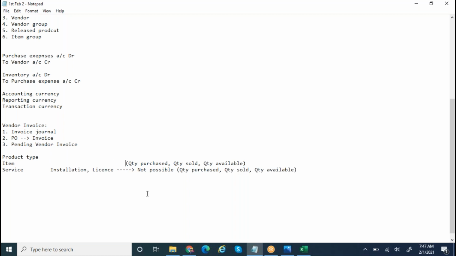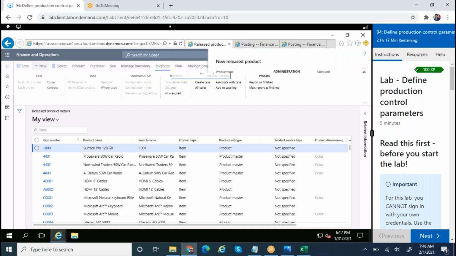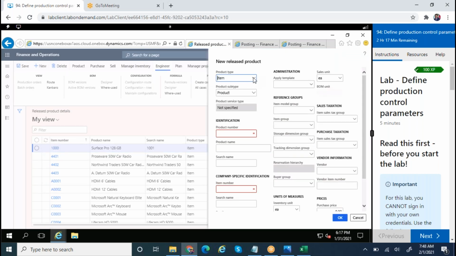Fine. Now, whenever you are creating an item, look at this one, release the product, click new. In this, you have type, product type: item, service.